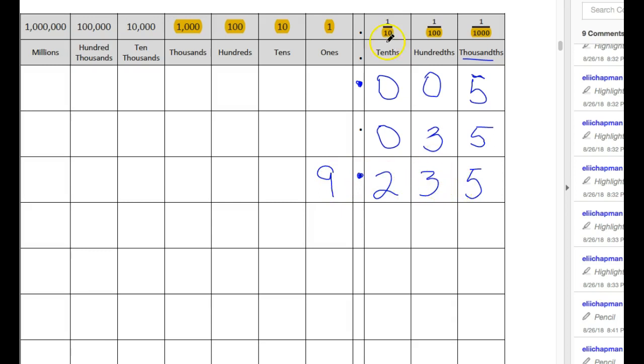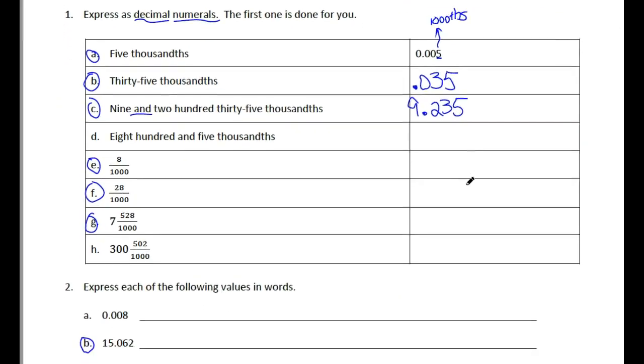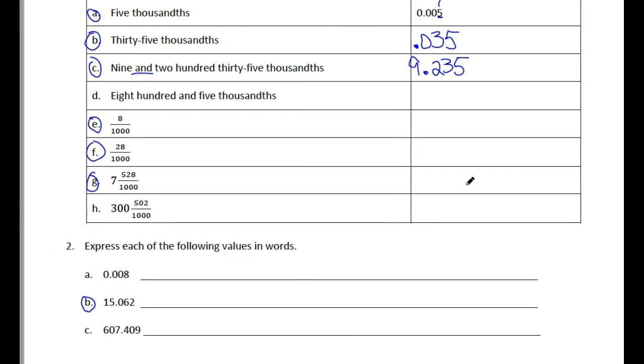So 9.235. Let's put it in over here. We have 9 and 235 thousandths. The other things that we're looking at today is the move from fractions like this to decimals.